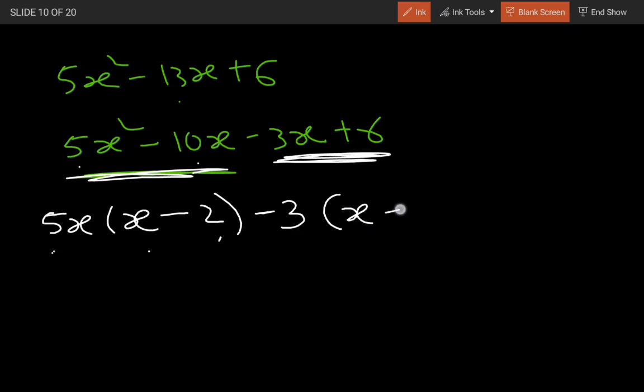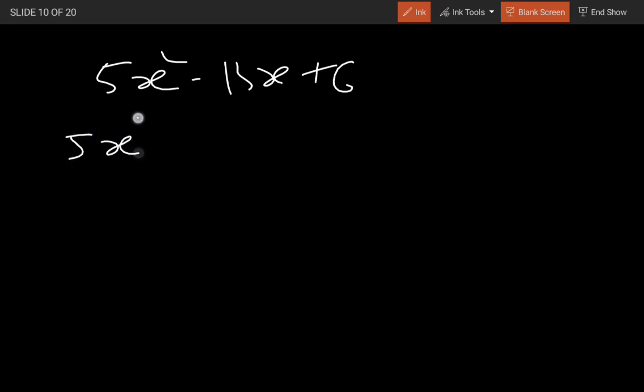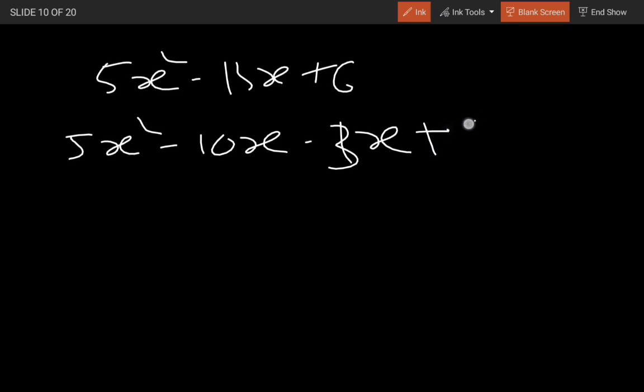Now this x can be written as plus 5x minus 4x plus 4. So here we wrote x as 5x minus 4x. Okay.